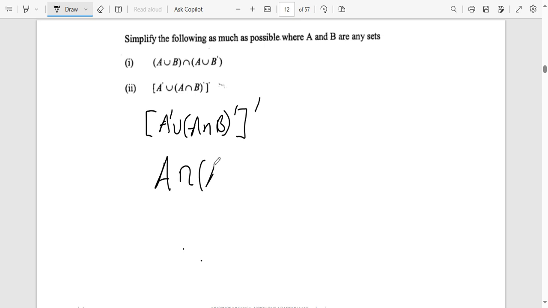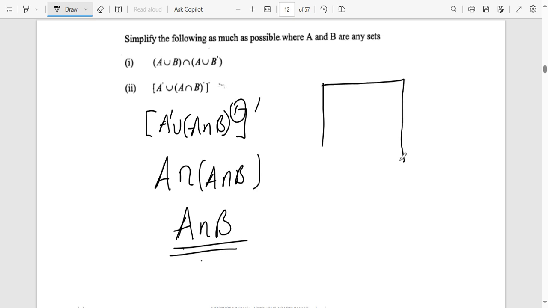Change it to intersection, and then we're going to have A intersection B, isn't it? These two complements will still cancel. Now, at this point, between A and A intersection B, which one is a smaller set? Yes. So every time there's an intersection of two sets, you always get a smaller set. So the answer here is going to be A intersection B.